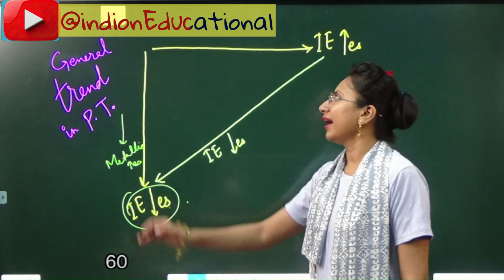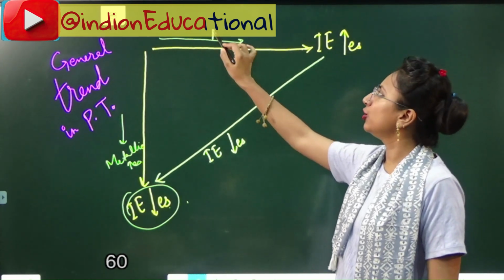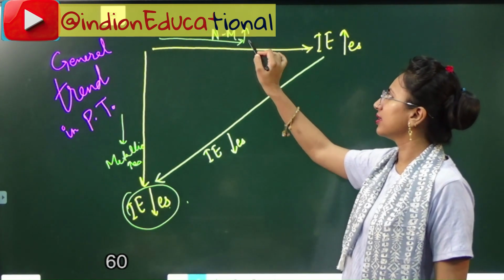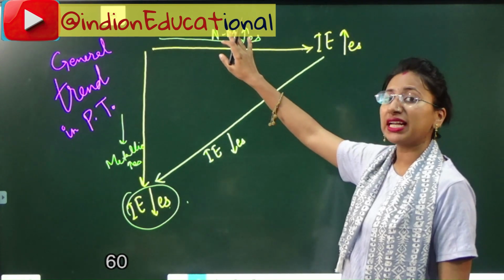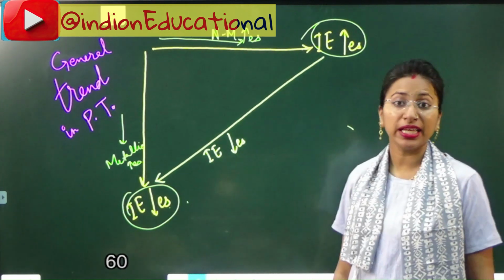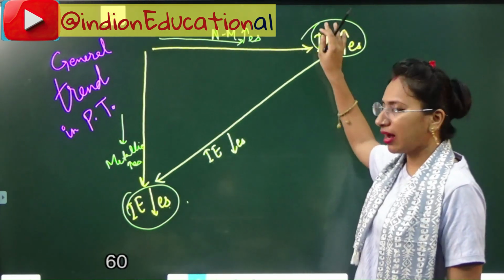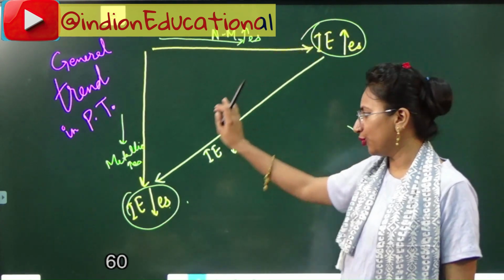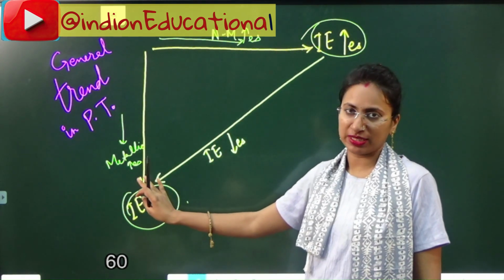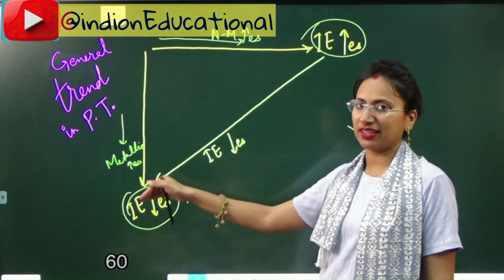If you move from left to right in the periodic table, non-metallic character increases and metallic character decreases. For that reason, ionization energy will increase. Diagonally, if you move from the upper right corner to the lower left corner of the periodic table, ionization energy will decrease because metallic character increases.